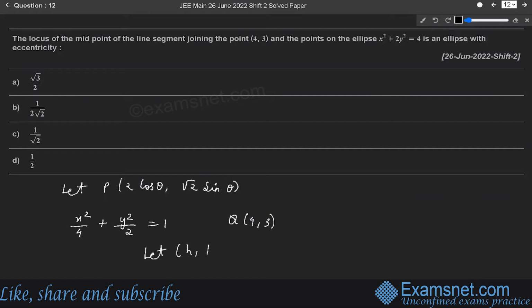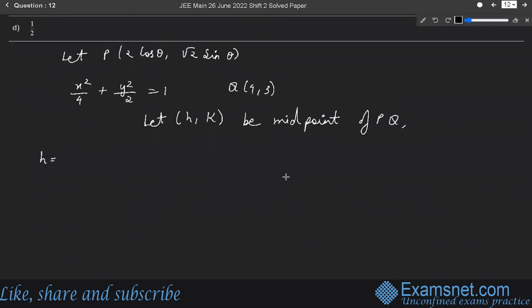And let (h, k) be the midpoint of PQ. Then h will be equal to (2 cos theta plus 4) divided by 2 and k will be equal to (root 2 sin theta plus 3) divided by 2.